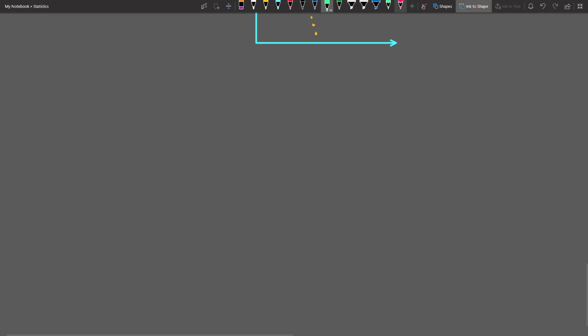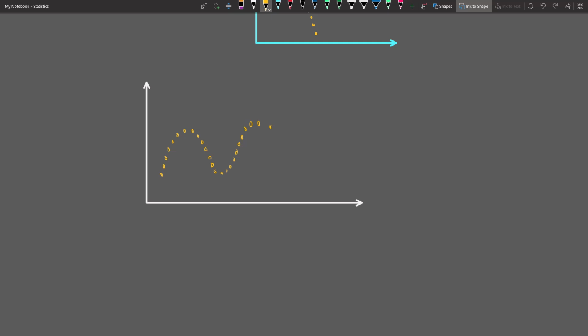If I ask you about this graph, is the graph monotonically increasing or decreasing, or is this monotonic or not?